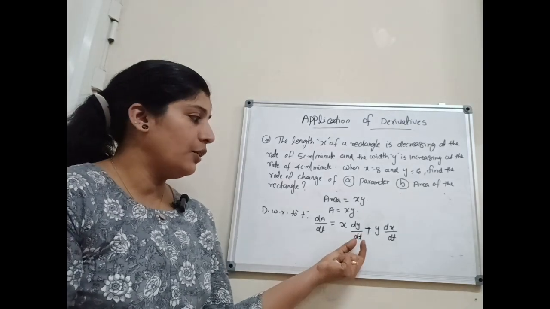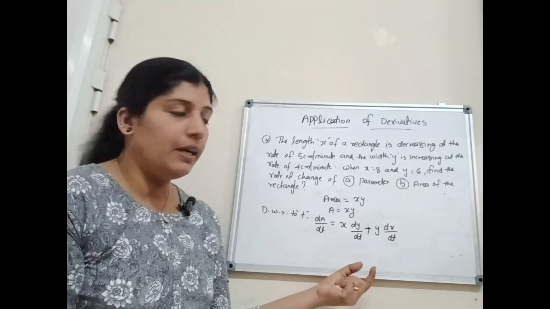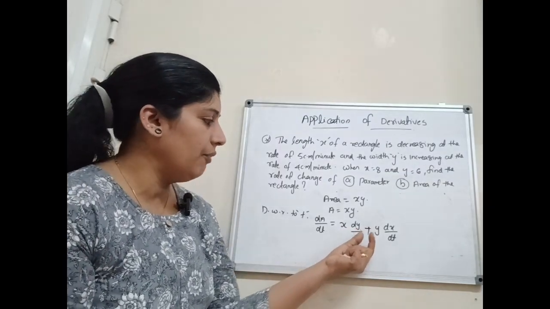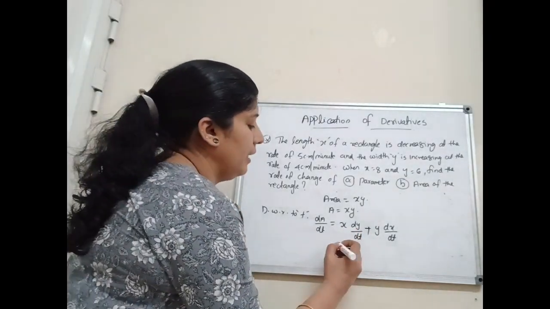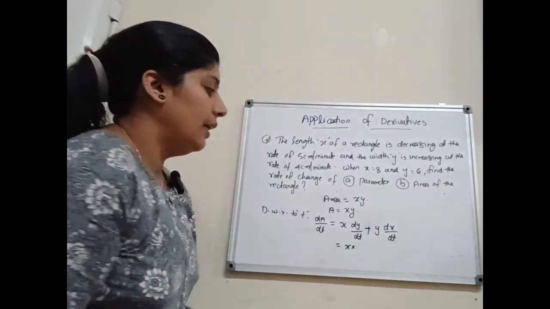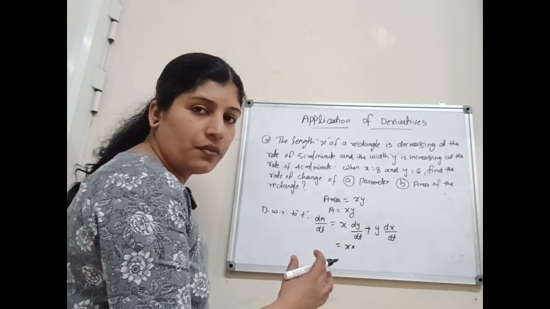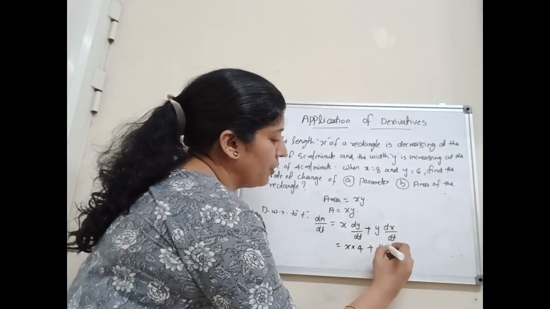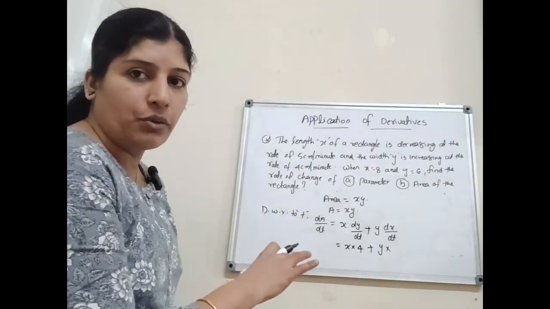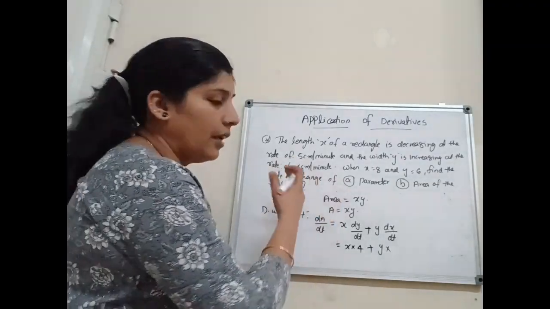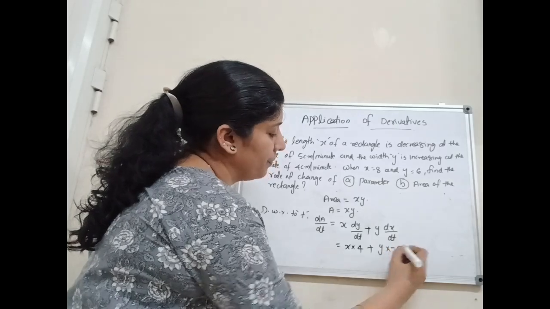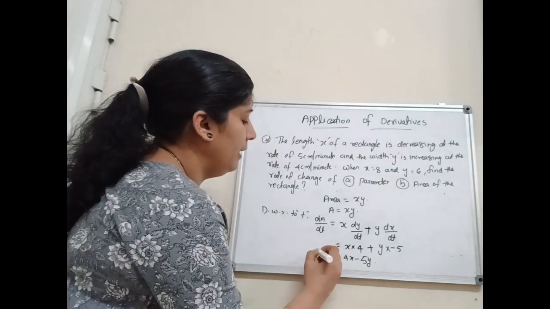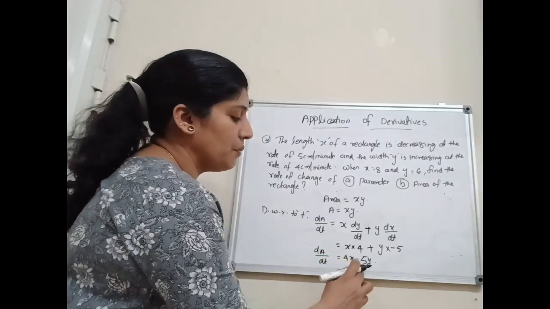So dA by dt is equal to x into 4 plus y into the rate of change of length, that is minus 5. That is equal to 4x minus 5y. That is dA by dt equal to 4x minus 5y.